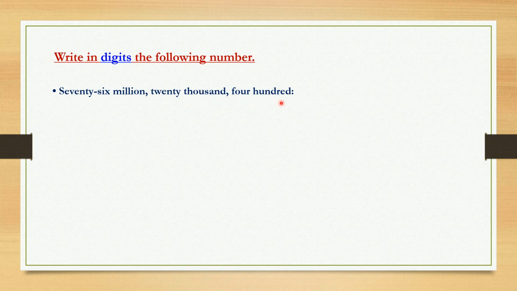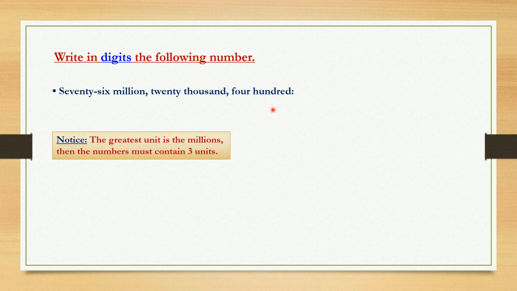We are going to learn how to write it in digits. First, we notice that the greatest unit here is the millions. First, we find the greatest unit. Here, the greatest unit is the millions. Then, this number must contain 3 units in it. So after the millions, we must have the thousands and the ones unit.